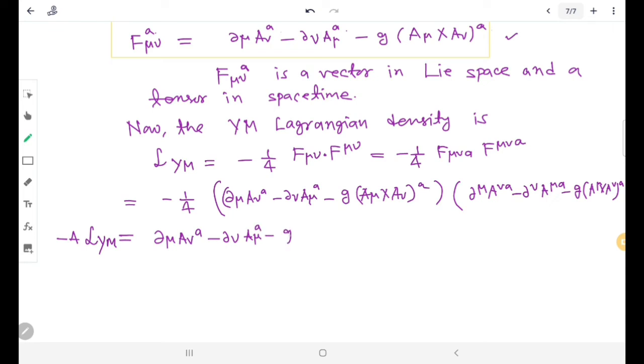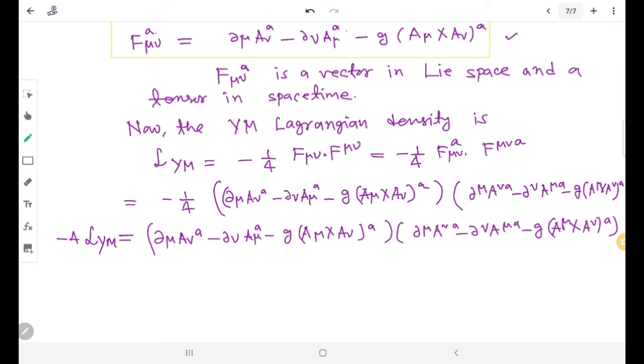Partial mu A nu A minus g A mu cross A nu of A, this whole thing multiplied with partial mu A nu A minus partial nu A mu A minus g, sorry, not this way, uppercase A mu cross A nu A. Okay, this is A here.